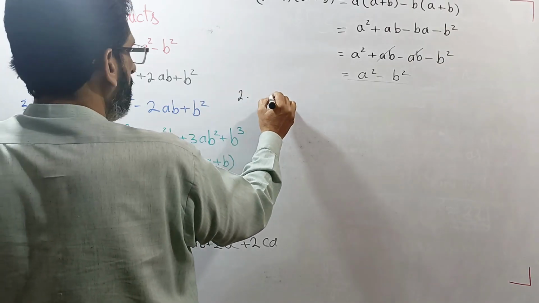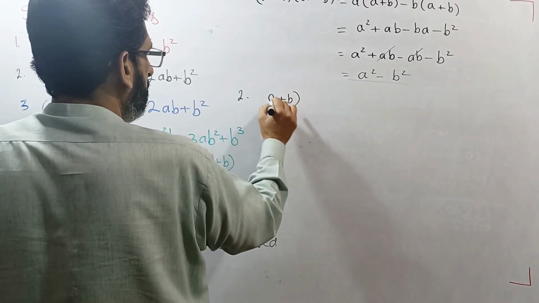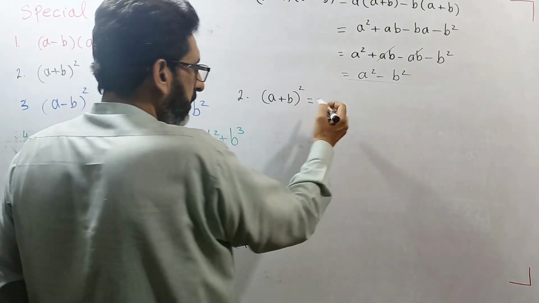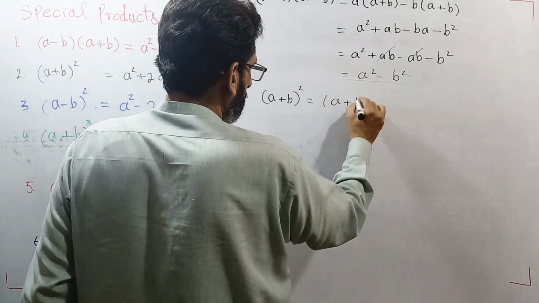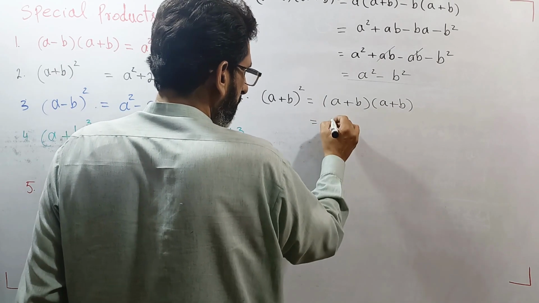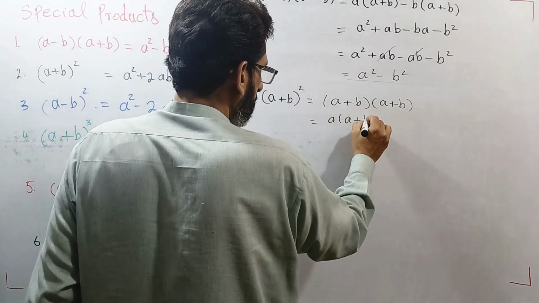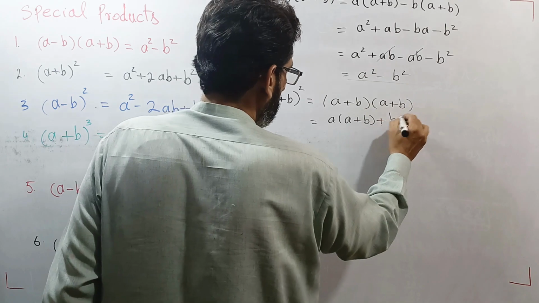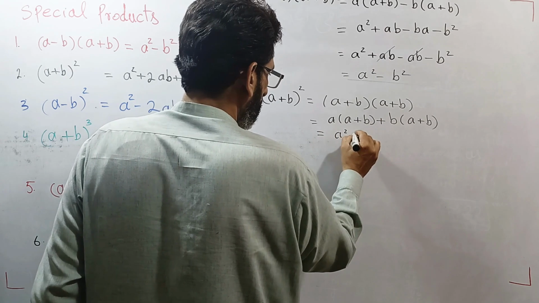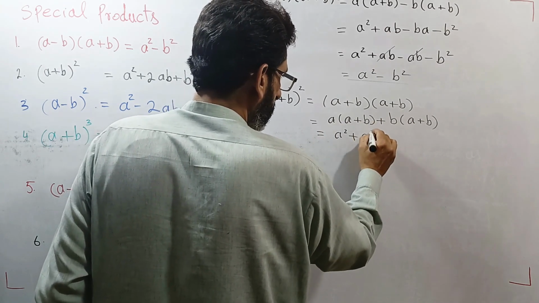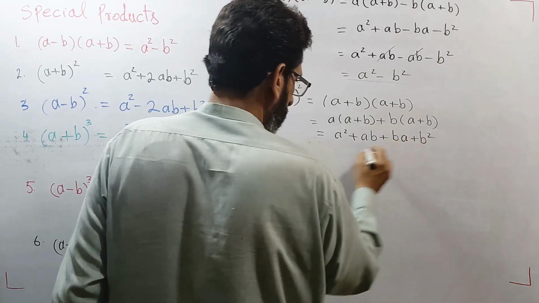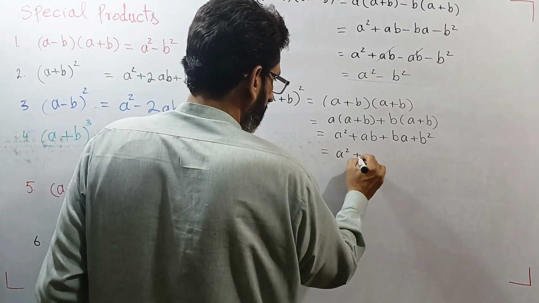Number 2, (a + b)². We can write this expression as (a + b) two times. Now we multiply a with a + b, and now plus b with a + b. We get a² + ab + ba + b².